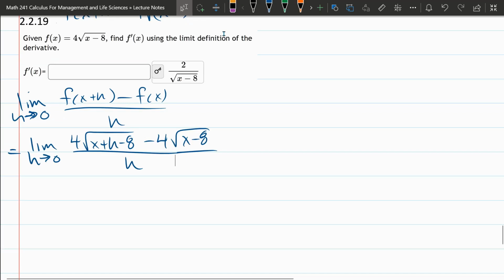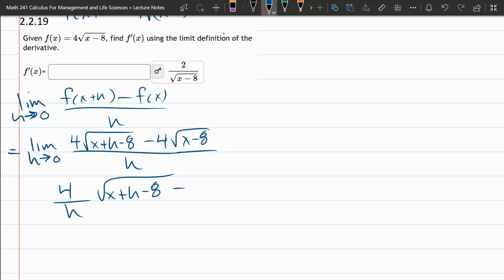There is a 4 and a 4. We could factor out these 4s here. I could write the over h right there. And we're left with the square root of x plus h minus 8, minus the square root of x minus 8.